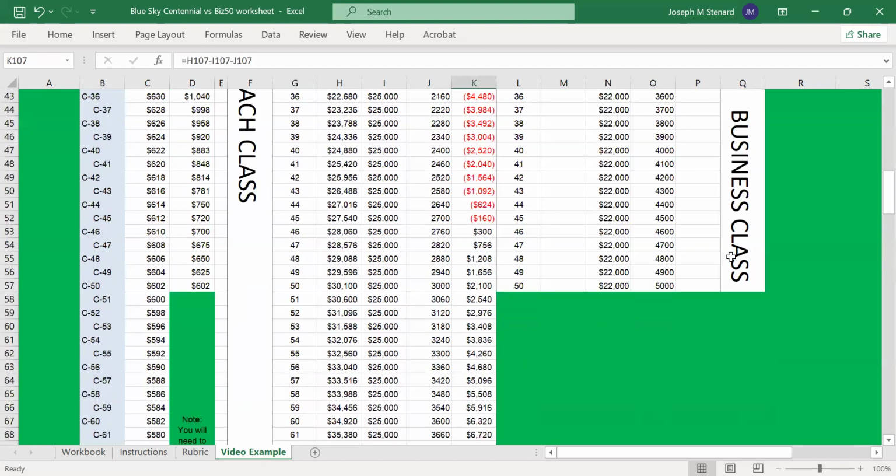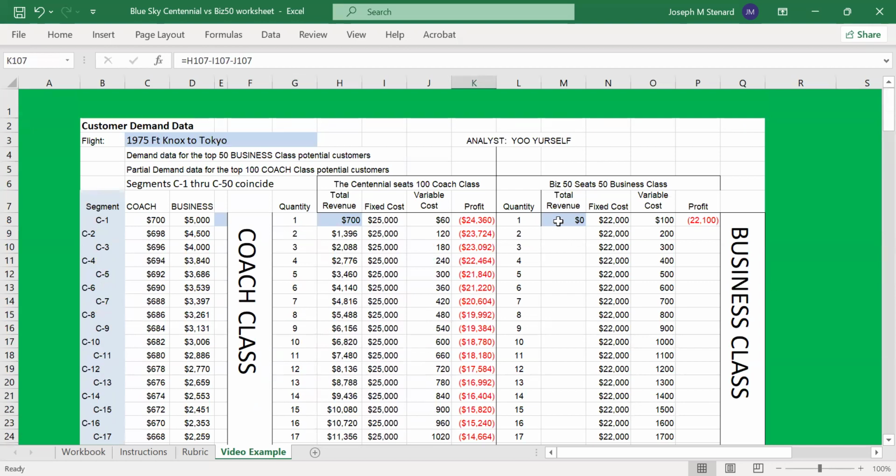Let's find out. Similarly, we're going to do the total revenue here by taking the price in the business class and multiplying it times the number of tickets. There's only one person who paid $5,000. We're going to then subtract the fixed cost, subtract the variable cost, and that'll give us our profit, which has also been calculated like this.